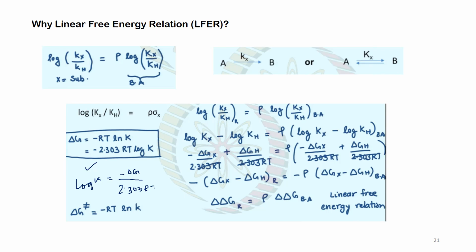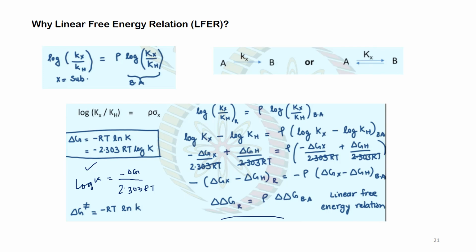Now we apply these values at the position of the log Kx value, and after eliminating the normal mathematical terms, we will get this one. The difference in free energy of the reactant for any reaction is equal to the difference in free energy of the benzoic acid multiplied by rho.